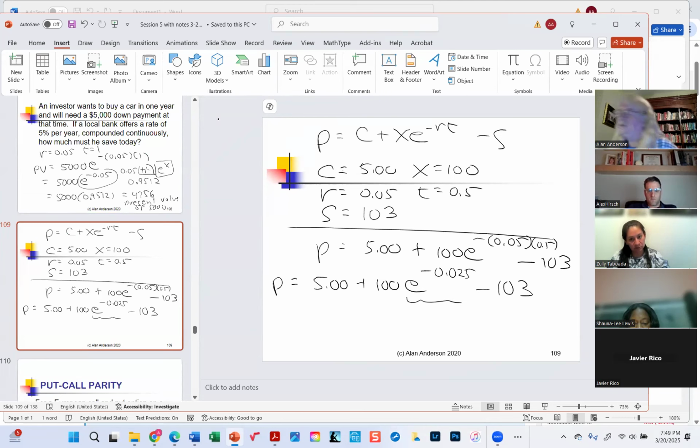I'm going to calculate this separately because this is the most complicated part. Using the same steps I did before, e raised to the negative 0.025 power is 0.9753. So we've got 5 plus 97.53.